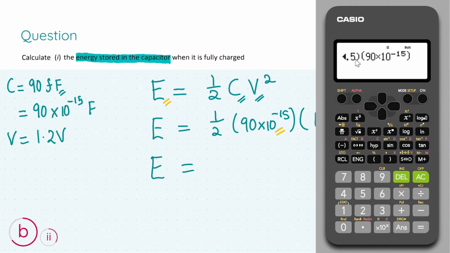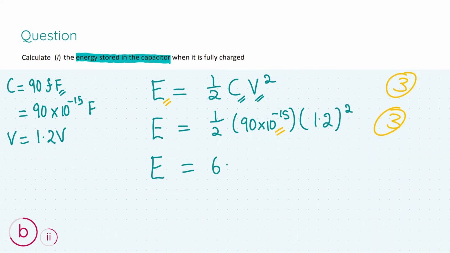It just makes your work in the calculator a lot neater, and you're less likely to make a calculator error. Okay, so squaring this 1.2 here, hitting that equal sign, and we get a value for our energy.